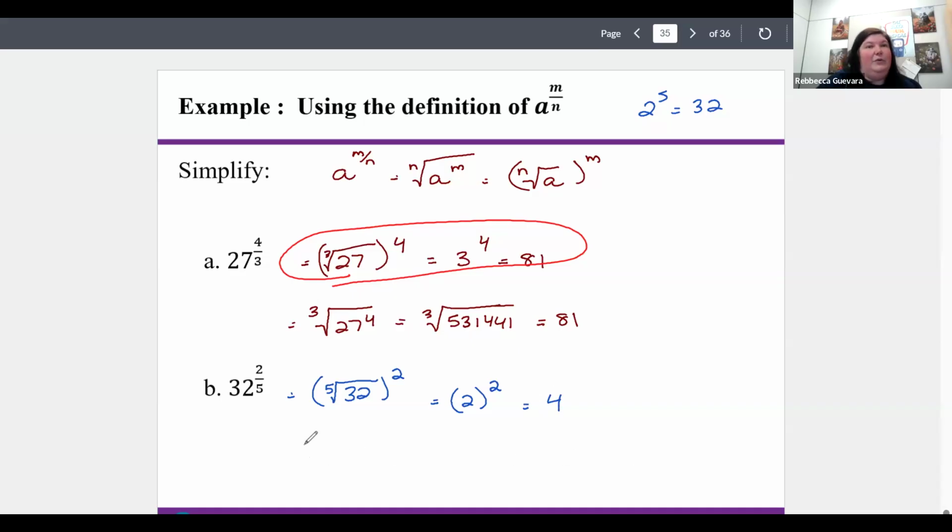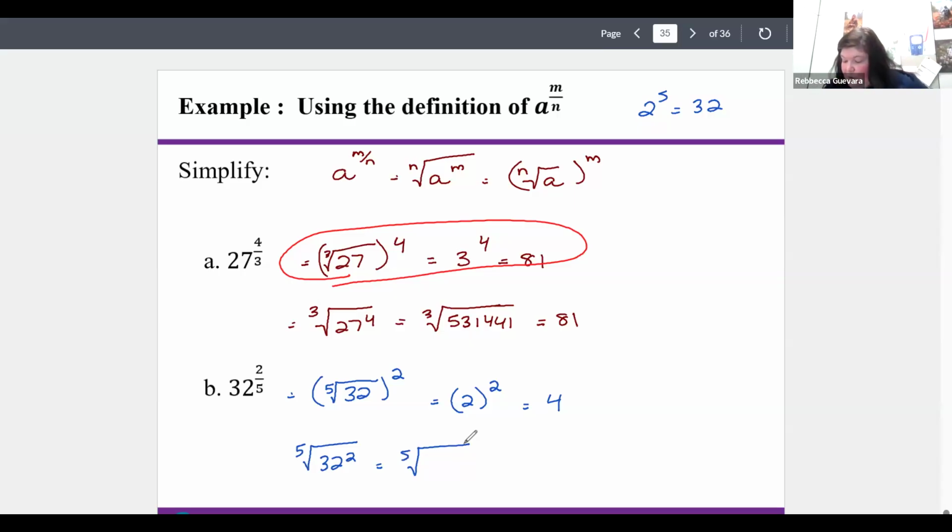Or if we did it the other way, we'd be doing the fifth root of 32 squared. What is 32 squared? 32 times 32 would be 1024. And if you do the fifth root of 1024, you would end up back with 4.